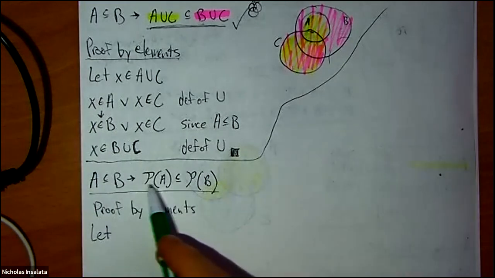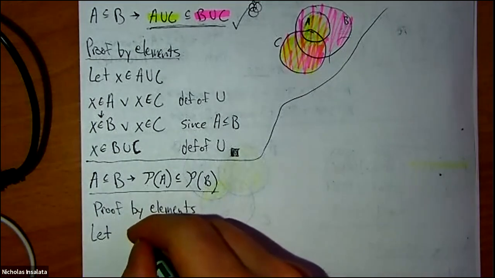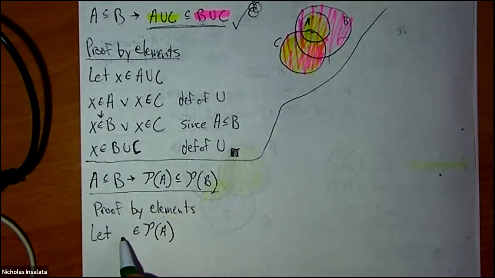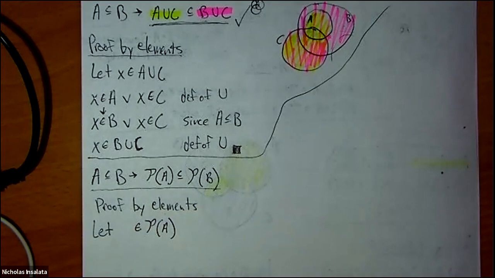Now, if I have an element, something inside of the power set of A, is that thing that's inside of there going to be a set or is it going to be an element? Yeah, set. Very good. Because the power set is a set of sets.